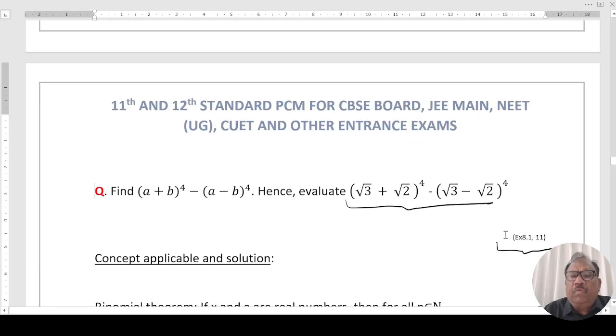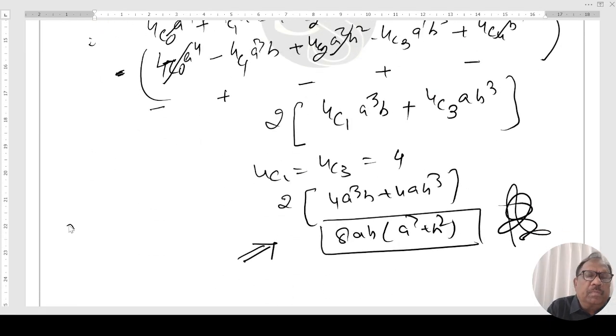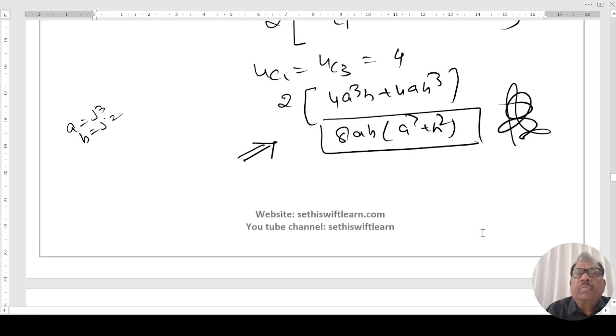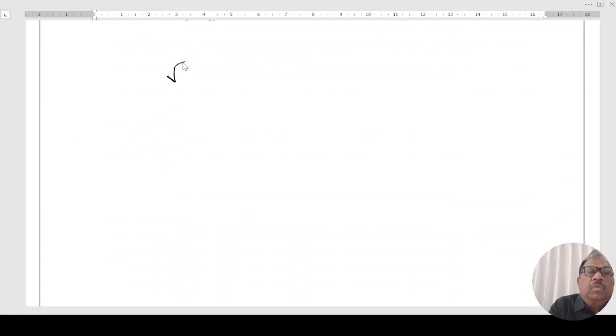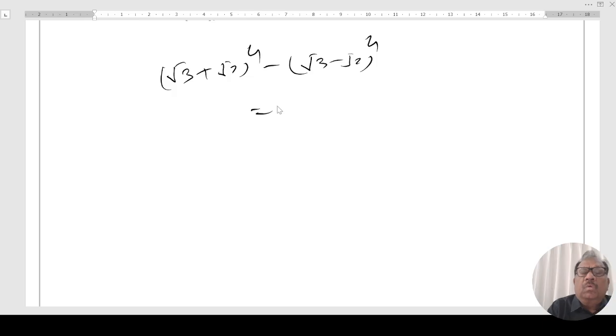Now substituting the values of a and b. This is a, this is b, this is a, this is b. Means a is root 3, b is root 2. Therefore the value of (root 3 + root 2)^4 − (root 3 − root 2)^4 comes out to be 8ab(a^2 + b^2).